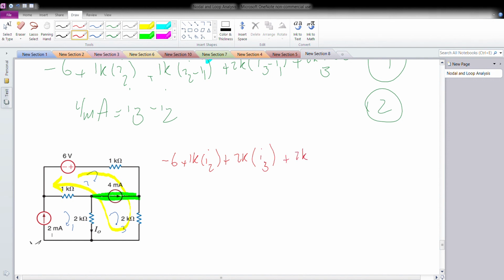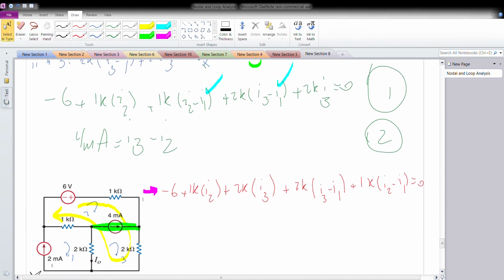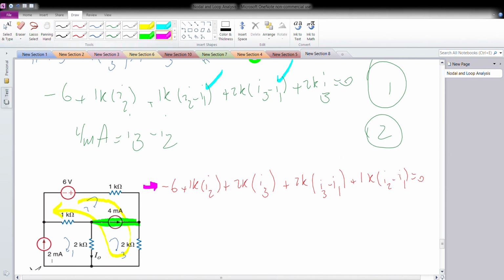It's going to be 2k times I3 minus I1, and then plus 1k times I2 minus I1 equals 0. Now if you look at this equation and the earlier one, you're going to see that they're the same equation.